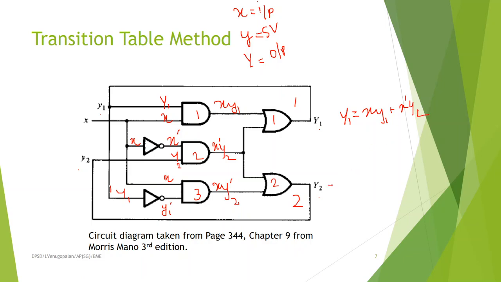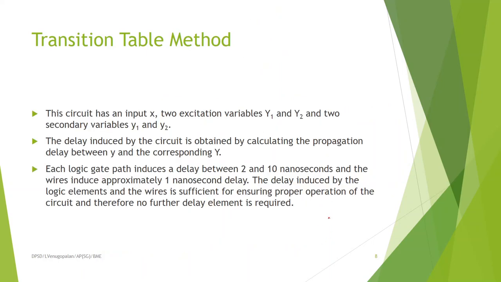And my Y2 is nothing but x dash y2, so this is y1 plus x y1 dash. Right? So this is the analysis that we do. So we have derived the Boolean expression for both Y1 and Y2 here.